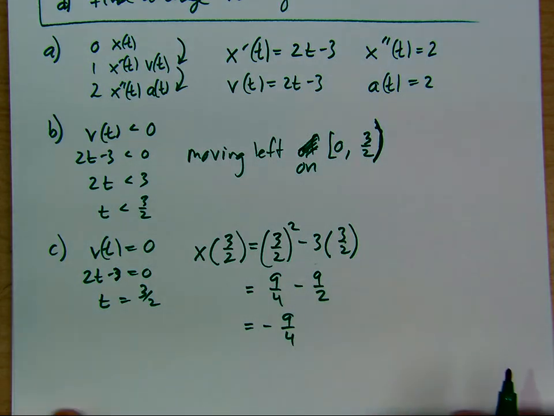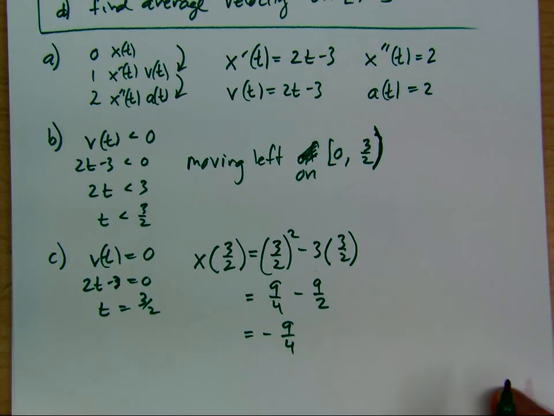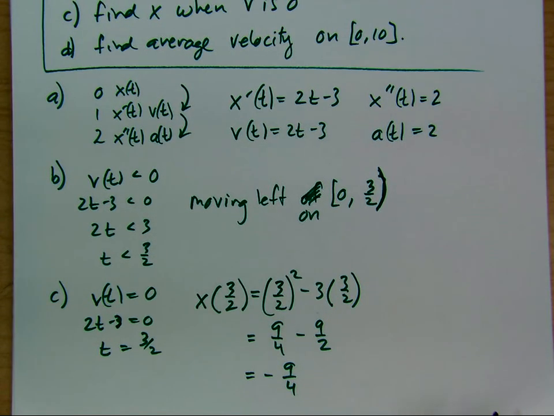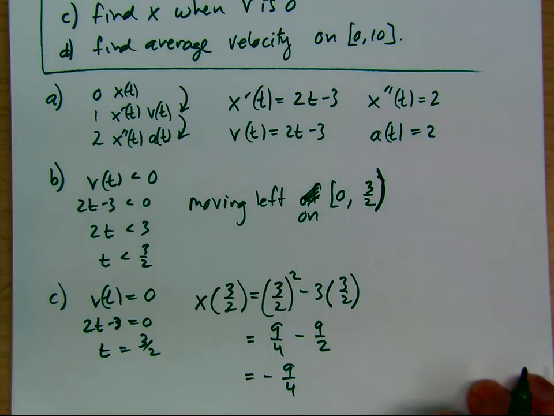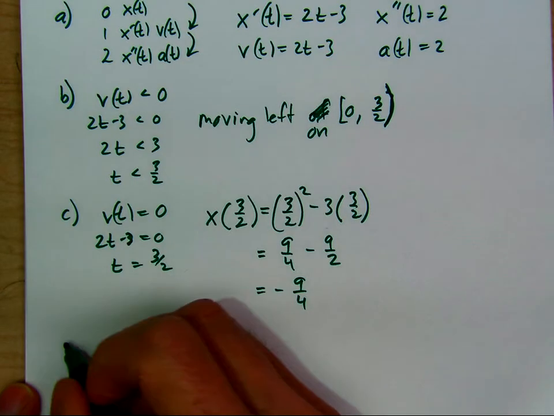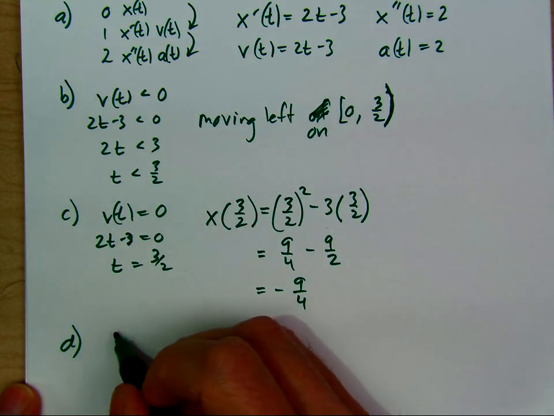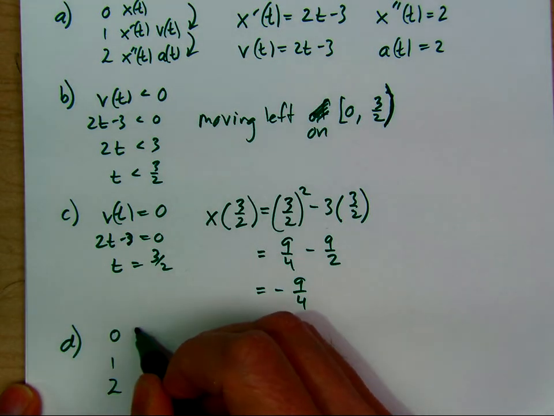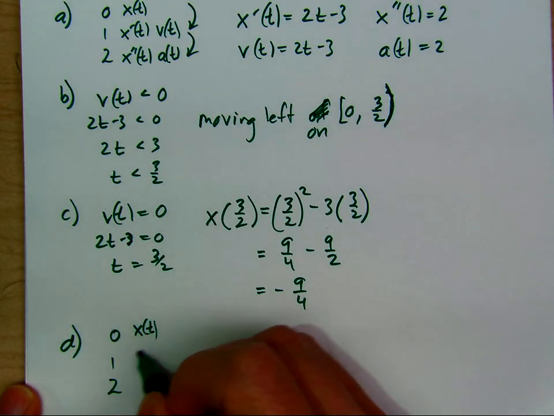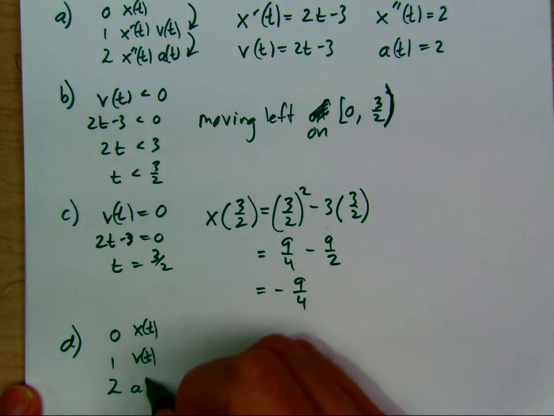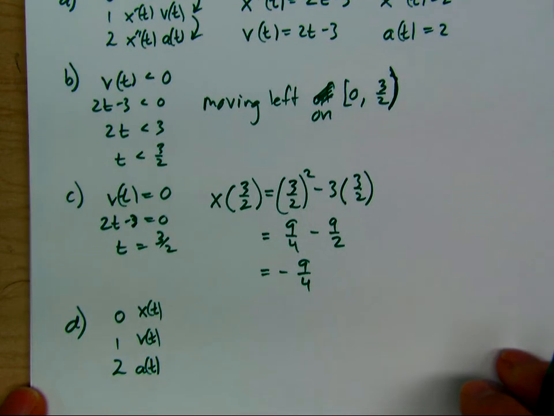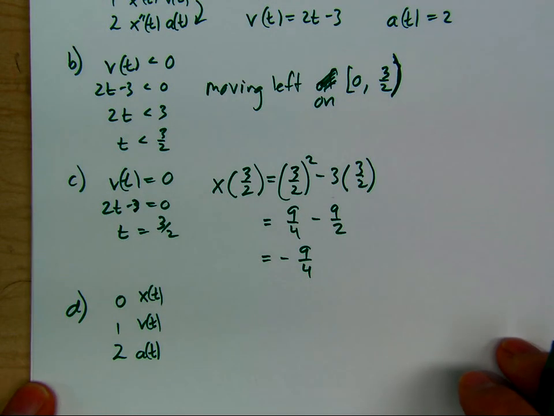All right, and then average velocity. If we have position, velocity, and acceleration, when we see the word average, sometimes we use the integral and sometimes we use the slope formula.